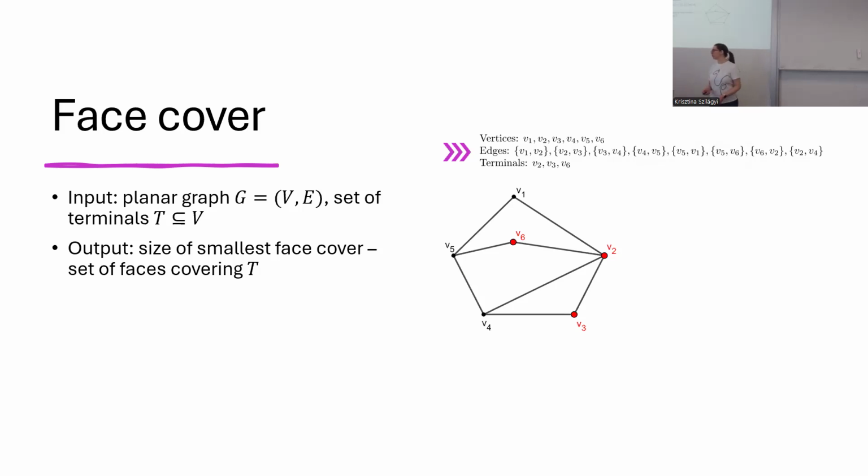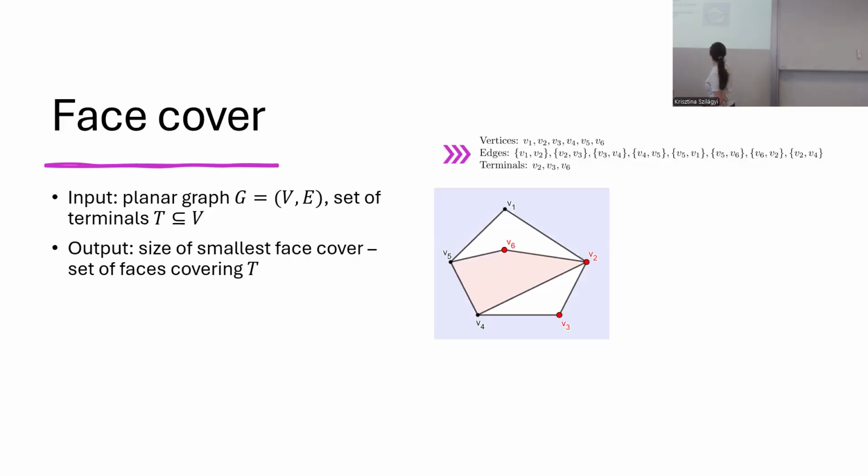We need two. So for example, we can take the outer face and this inner face. In this case, we don't differentiate between this infinite face that is around the whole graph versus all of these finite faces. We just don't care. Everything counts as one face.